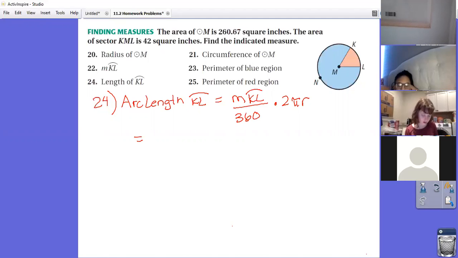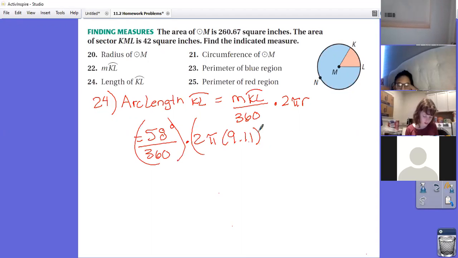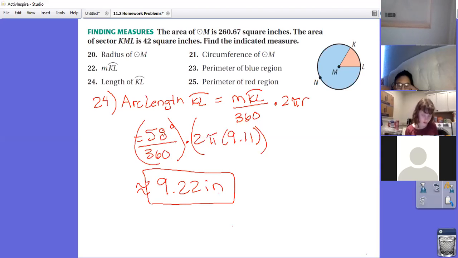The measure of the arc is actually 58 degrees divided by 360 times the radius, because we found that from question 20, is 9.11. So in your calculator, you can put that all in, and then you get approximately 9.2 inches for that one.